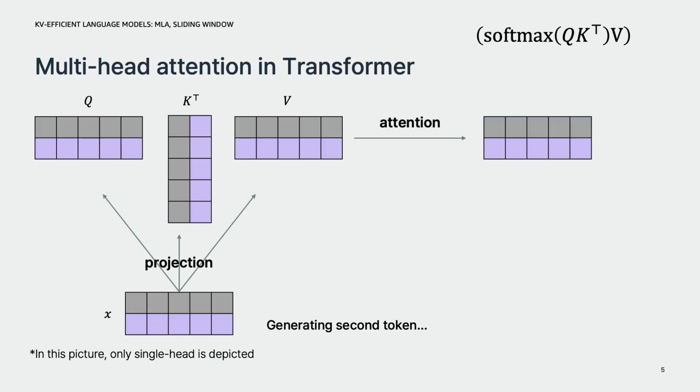And if we were to then generate the second token, we could basically do the same, but only this time the sequence dimension is 2 instead of 1. In this picture, the gray blocks represent the first token, while the purple blocks represent the second token.